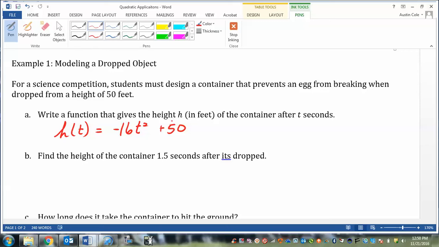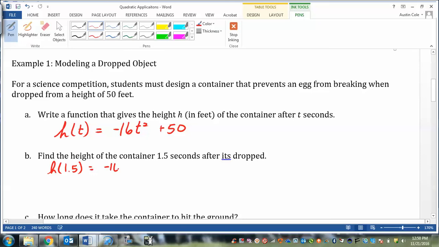Okay? The next part says find the height of the container 1.5 seconds after it's dropped. So what this function gives us is the height after a certain time. So if I want to know the height after a certain number of seconds, plug in that value of time. So we want to know what is the height after 1.5 seconds. So we're going to do h of 1.5.